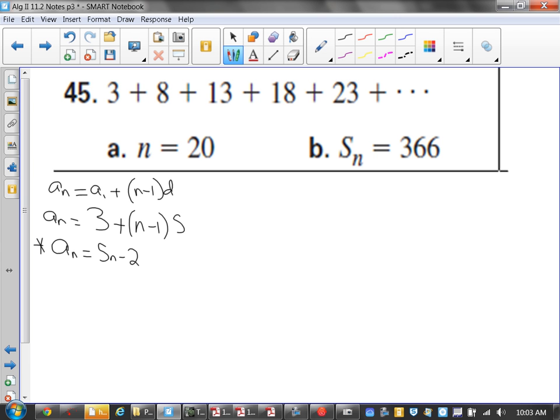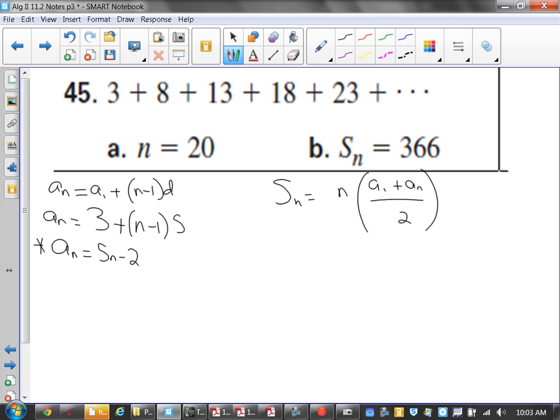You're going to reuse that a sub n when you use the sum of the series. Because the sum of the series is however many you're looking for times that first term plus whatever the nth term is, over 2.